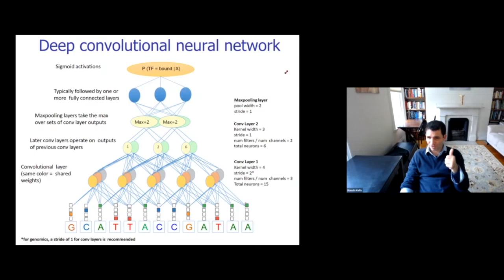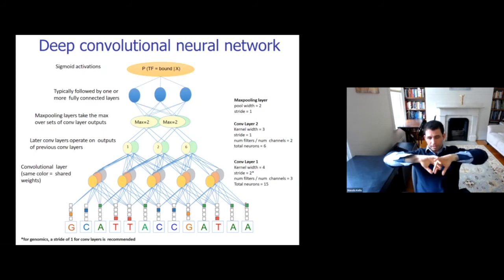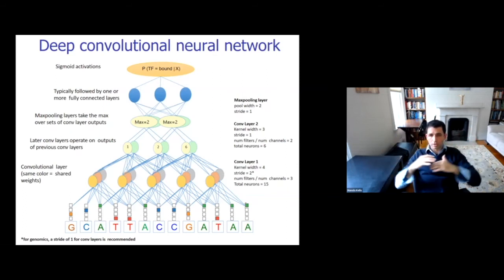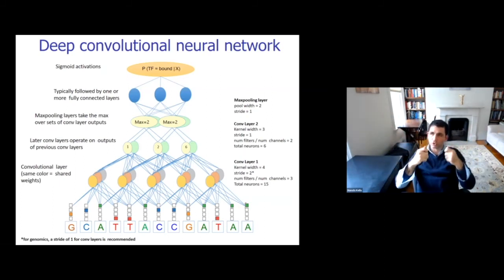So I'm going to ask for one more thumbs up to basically see if you now see all of these different layers of architecture. At the bottom, we have this one-hot encoding. Right above it, we have these convolutional filters that can be multi-layered, learning basic primitives at the bottom and then higher order primitives at the top. And then we have this max layer, which is basically teaching us about whether these motifs occurred there or not. So what is the system doing when it's learning across this whole thing?